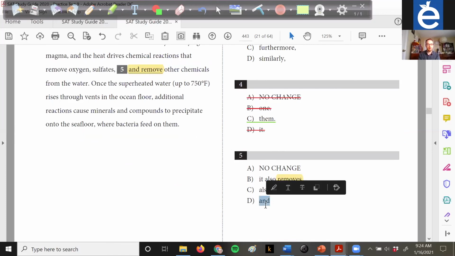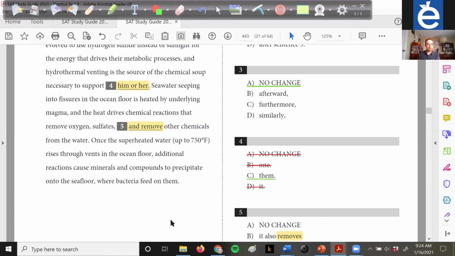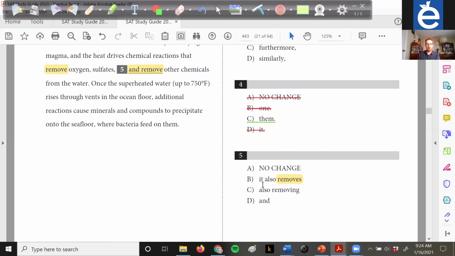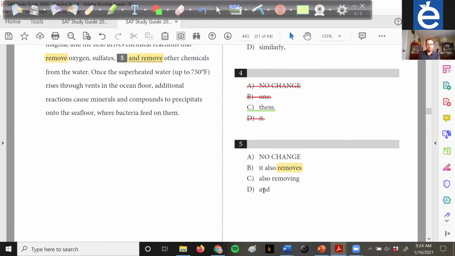Or we could just use the word "and." Now remember that rule of thumb: if we can use fewer words, we want to use fewer words. And notice we already use the word "remove" back here. So "remove oxygen sulfates and other chemicals." Yeah, that works. We don't need to say "remove" twice.